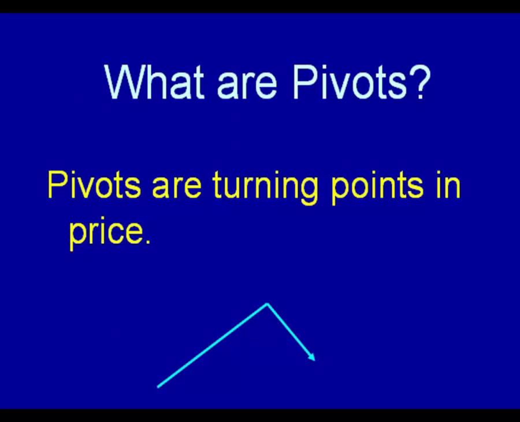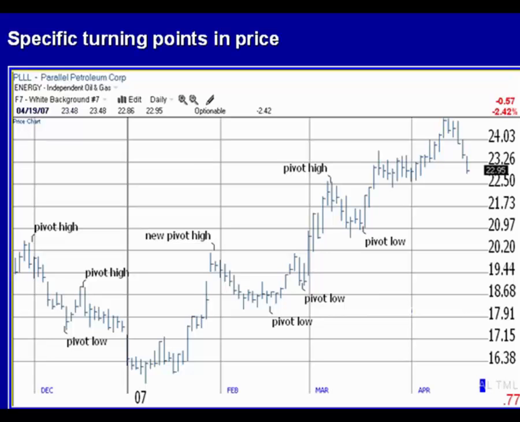All right, so simply, what are pivots? As defined, pivots are turning points in price. But not only turning points, they're specific turning points in price. So here's a chart. And again, this was taken from way back in 2007. But you can see the series of pivot highs and pivot lows that create the downtrend, right, and create an uptrend.